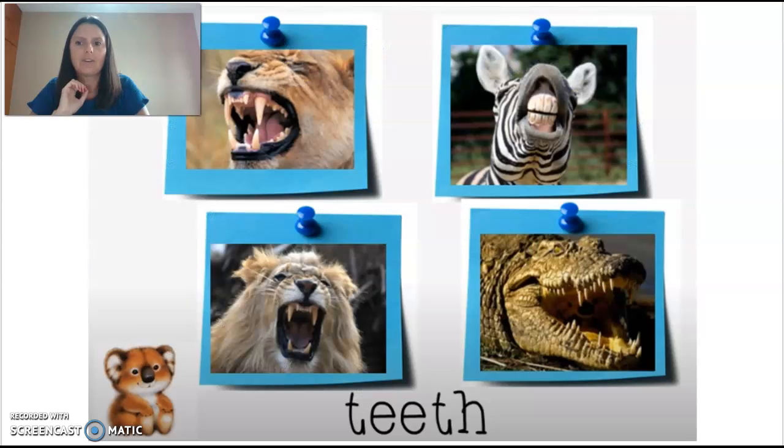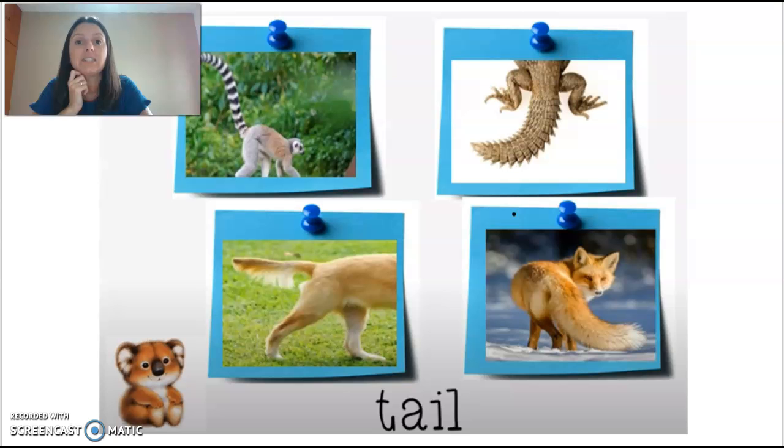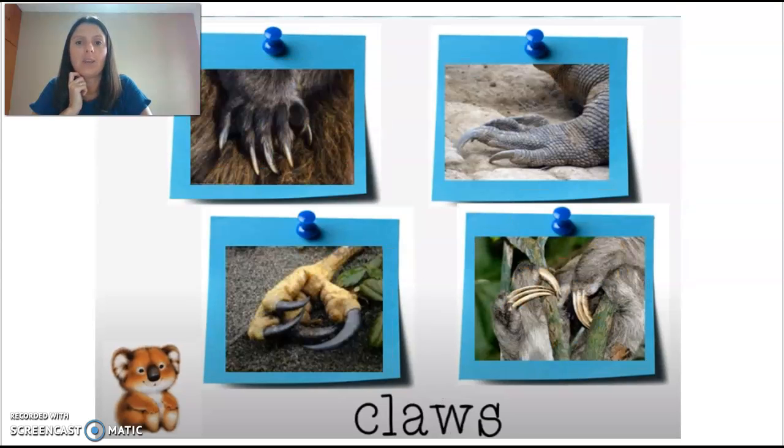First, we have the teeth. Teeth. Okay, you can see four pictures of this part. Teeth. Okay, then we have tail. Tail. Then we have claws. Claws.